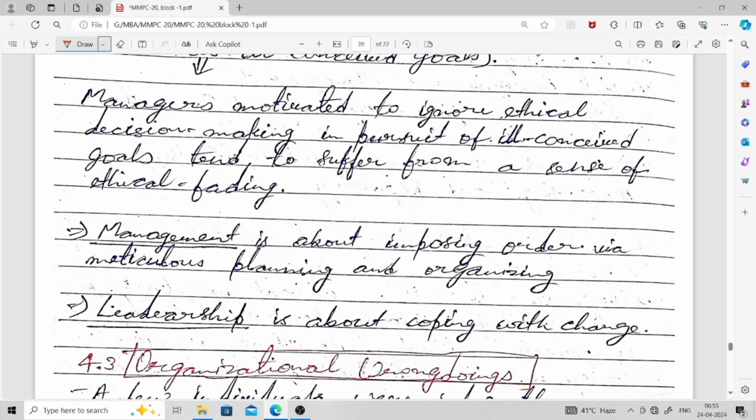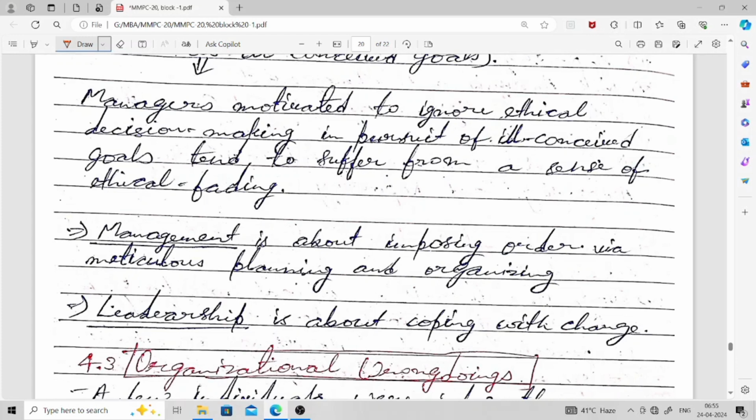So if managers try to achieve those ill-conceived goals, they will suffer from a sense of ethical fading. It means they do not remain genuine in the process of making unethical decisions.